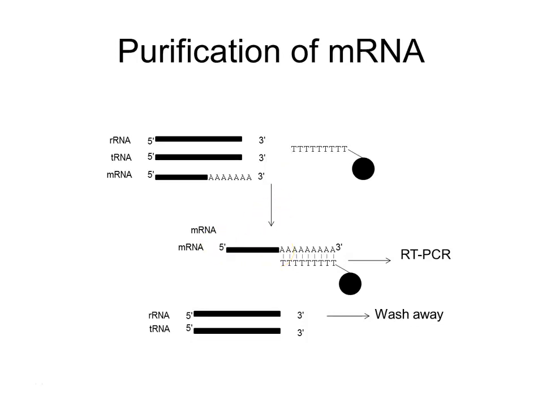The poly-A tail of the messenger RNA will interact with the poly-T nucleotides that are bound to the solid substrate. Everything else will wash straight through the column and be separated away from the bead. We can then release our messenger RNA for the next step, for example, reverse transcription PCR.